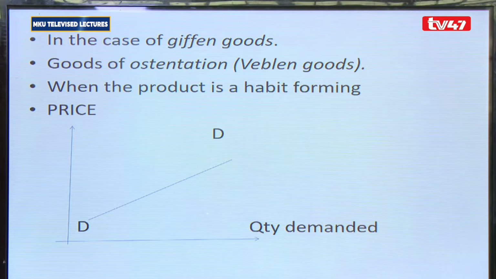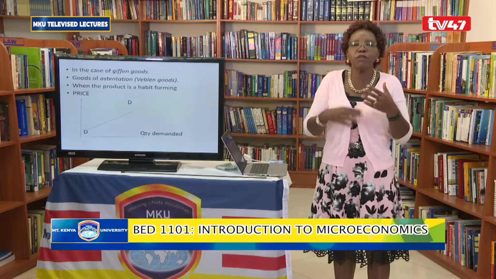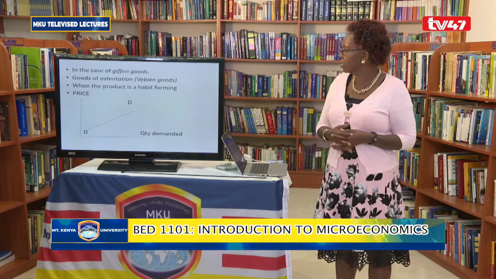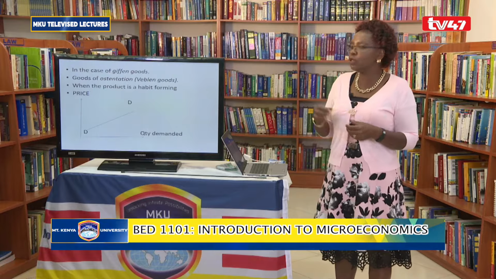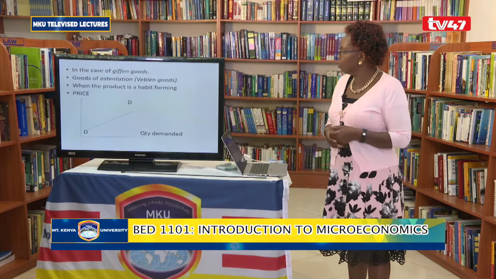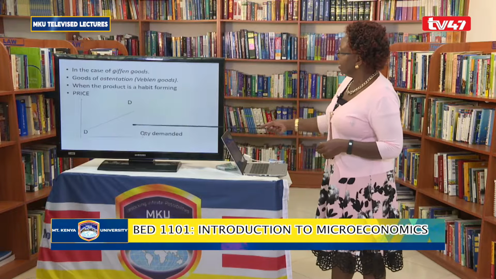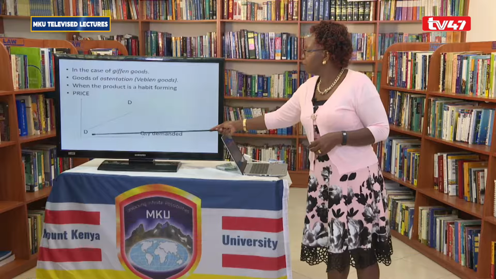Then the third reason is when the product is a habit-forming product, for example alcohol and cigarettes. Even when their price goes up, people will still continue to consume more. Why? Because they are addicted to it. And because of that, this will also not obey the law of demand. And as such, you realize that the demand curve will be the opposite.